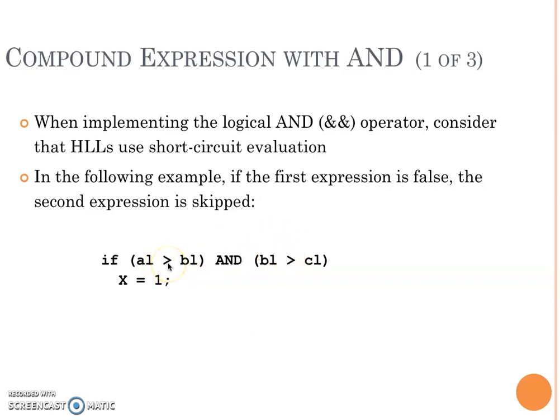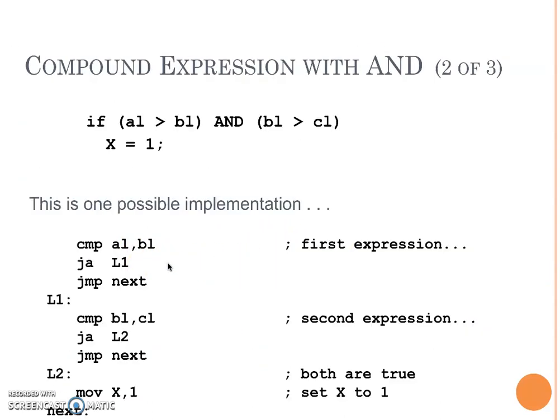So that's why here, what we need to do is we can have another JAE. When you have your comp AL and BL, if this one is true, I need to go to the next one to continue to check. That's why only with the JA do I come to L1. At L1, I again compare BL and CL.